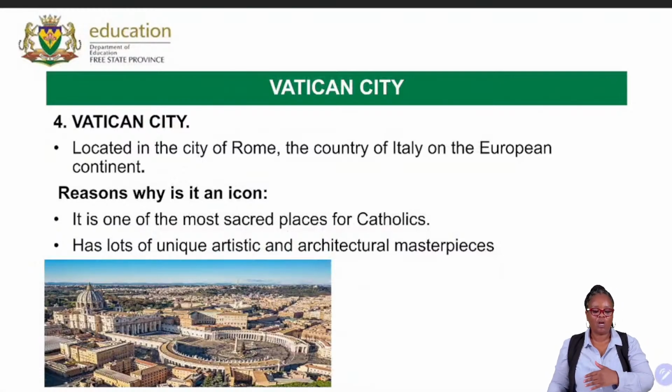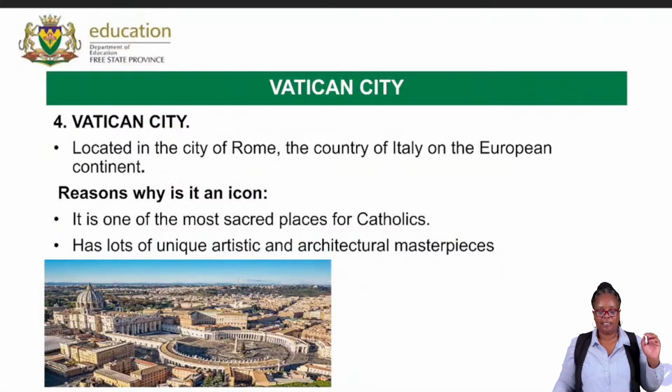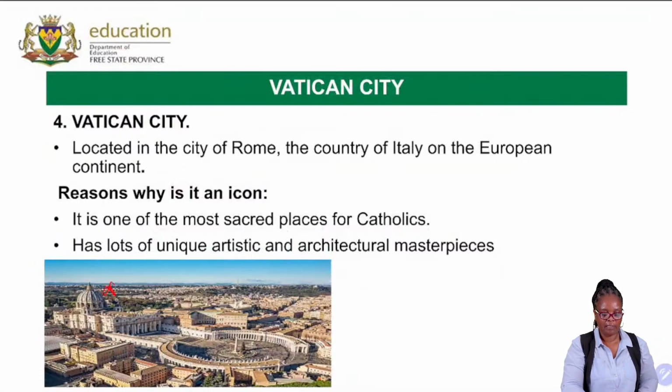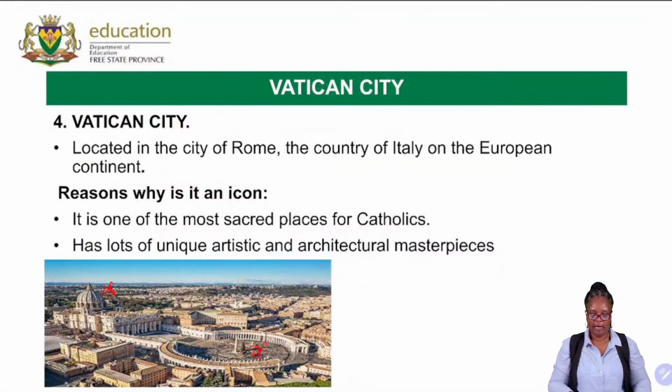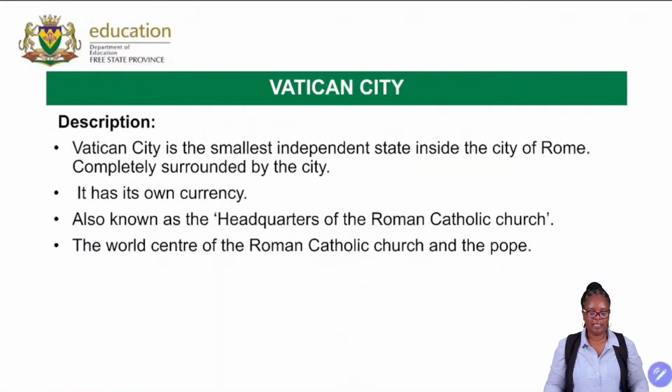It has lots and lots of unique art, and it has architectural masterpieces. Look at the picture. You can see that we have unique artistic and architectural masterpieces. That's what we are having here. Vatican City.